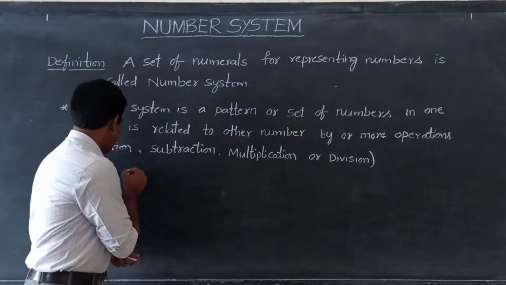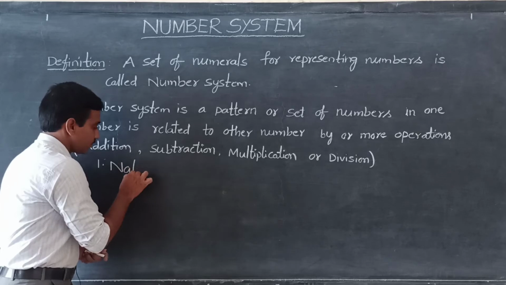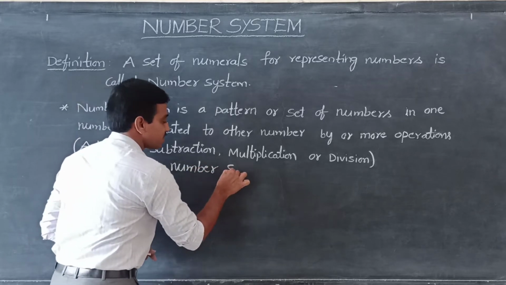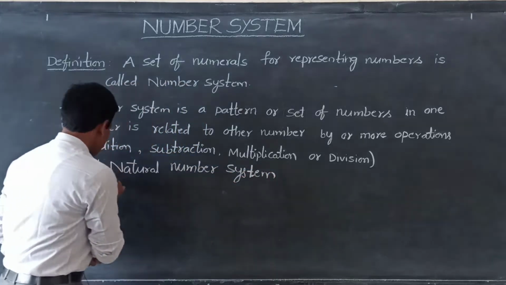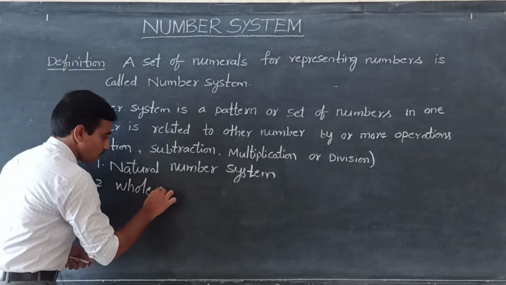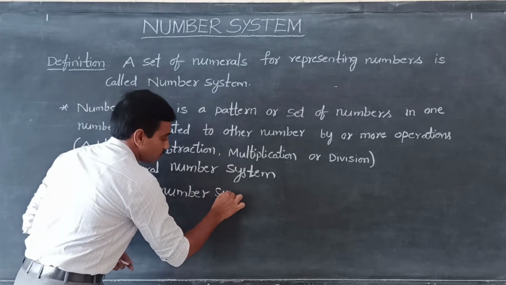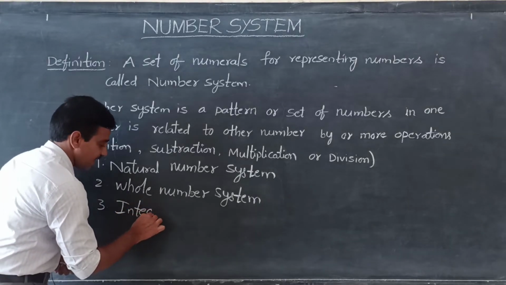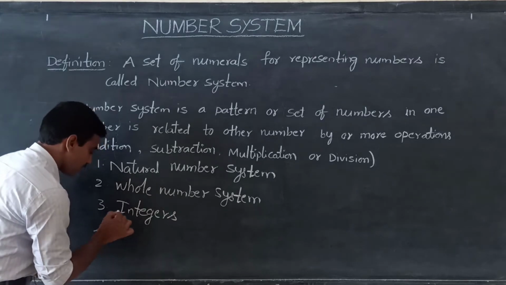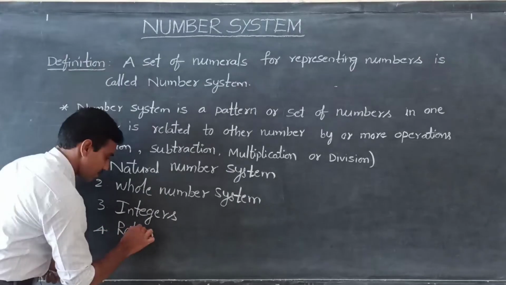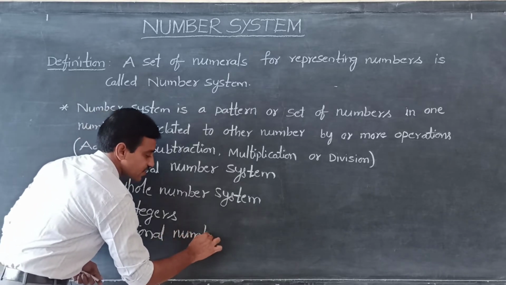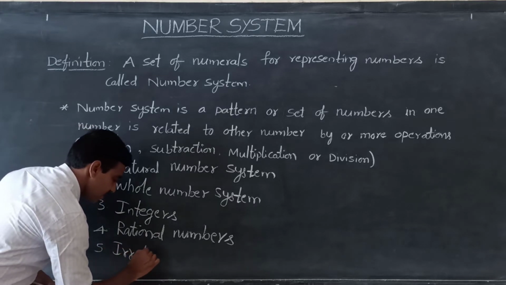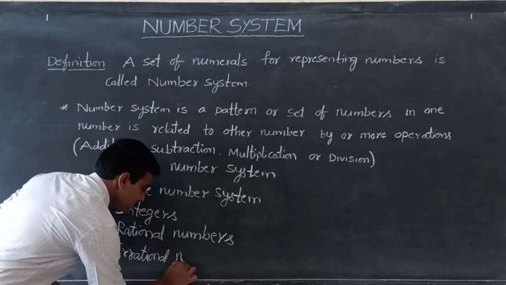One is natural number system, second one is whole number system, third one integers, next rational numbers or rational number system, whatever it may be, and fifth one, irrational numbers.